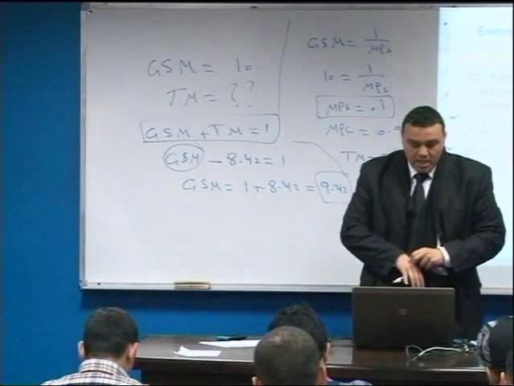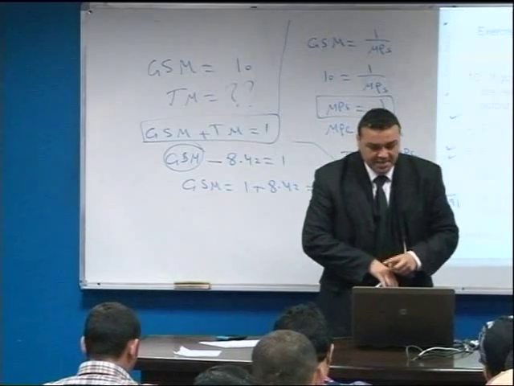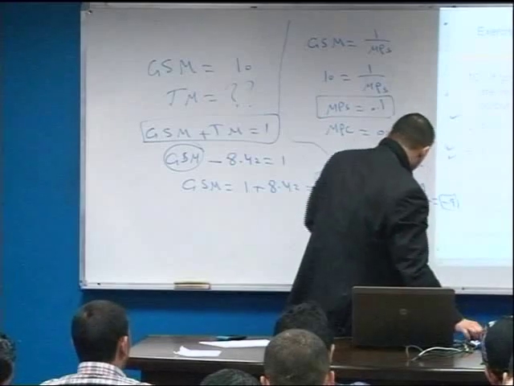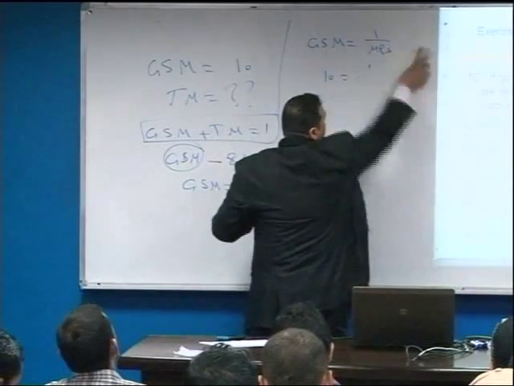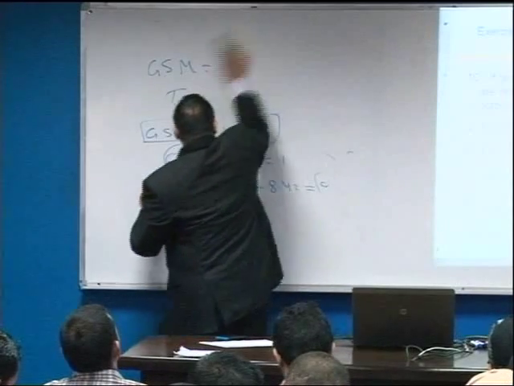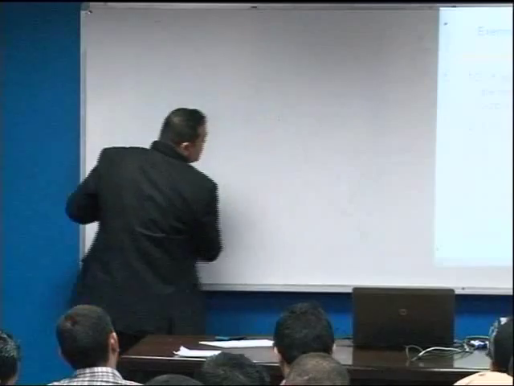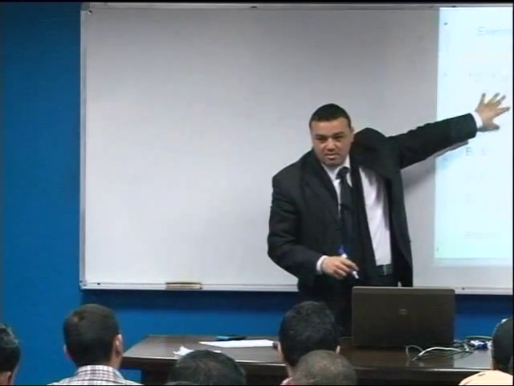Now, if the government spending is increased by 300 and the taxes decreased by 300, we took something exactly like this, and the MPC is given.